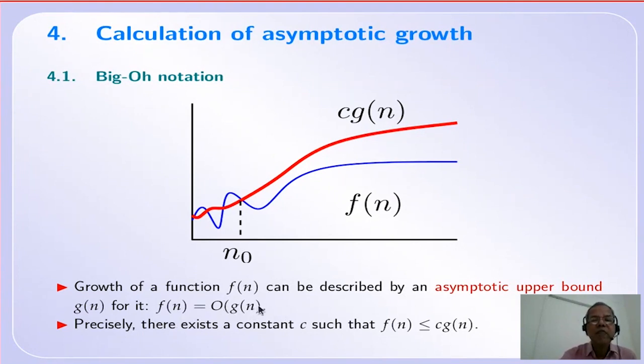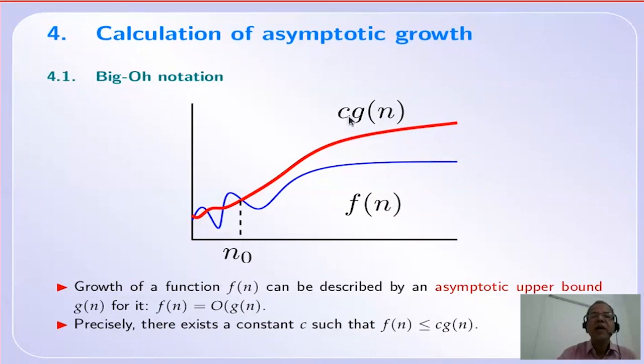That means g of n is an upper bound for f of n. Informally, g of n is always above f of n graphically. G of n is always greater than or equal to f of n. Only then g of n is an upper bound. But that is a very loose way of saying. We have carefully put a C. It is not that g of n is always above f of n.